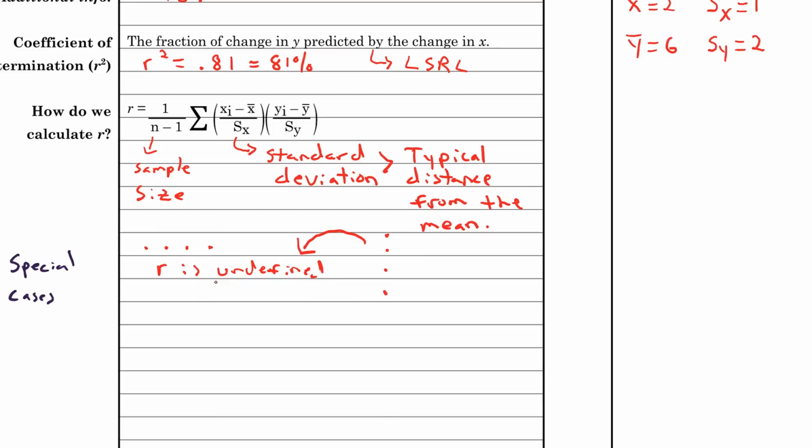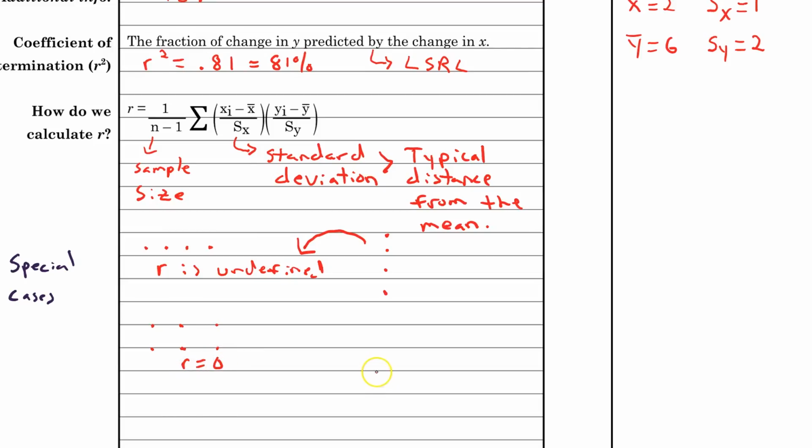Well, when do we get a correlation coefficient of 0? If you were to have some kind of arrangement where you would have both a change in x and a change in y, you could imagine a trend line here that would be totally horizontal. In this case you would get an r of 0.